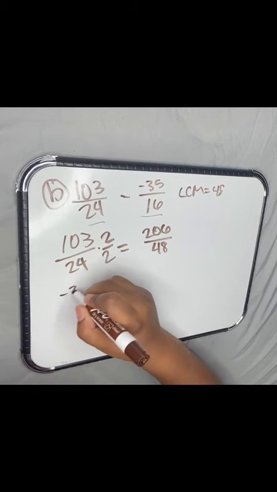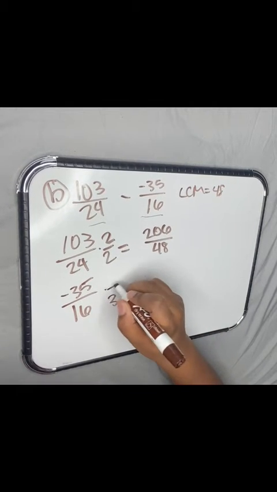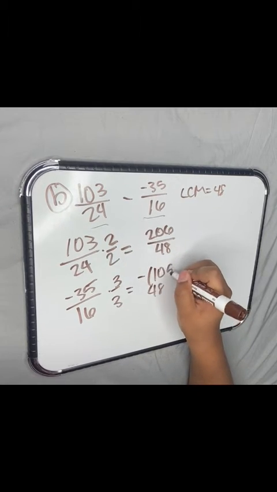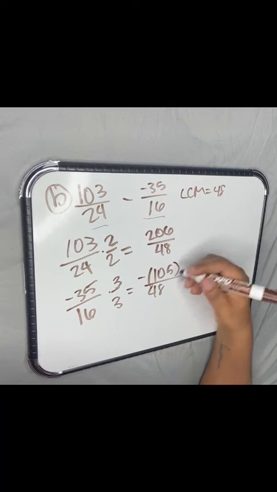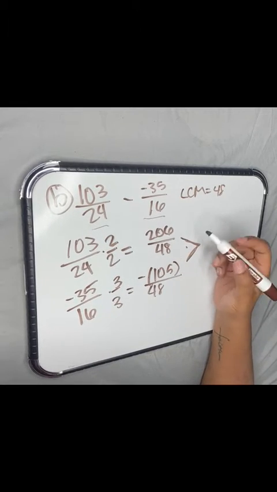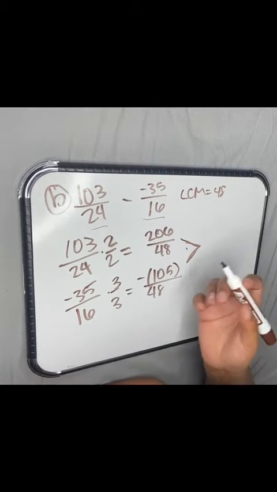And then we have negative 35 over 16 times 3 over 3, which will give us 48 at the denominator and negative 105 at the numerator. So when you are subtracting a negative, you're basically adding it.